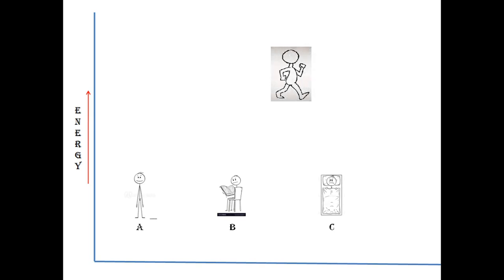Now if I ask you which state I put at a higher level on the y-axis, then obviously the answer will be the working mode at the highest level, then the standing, followed by sitting, and lowest will be the sleeping mode.